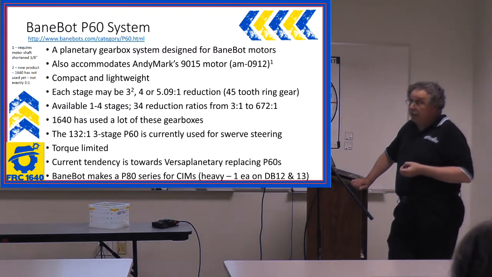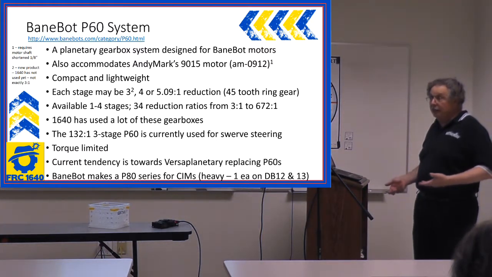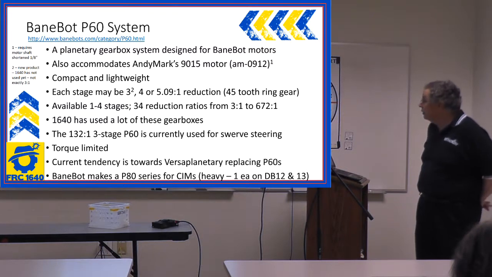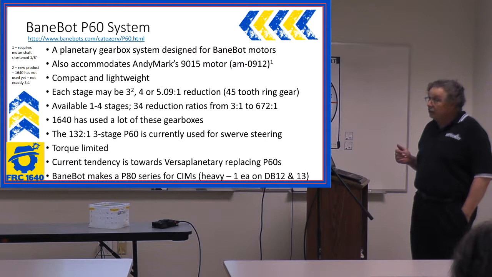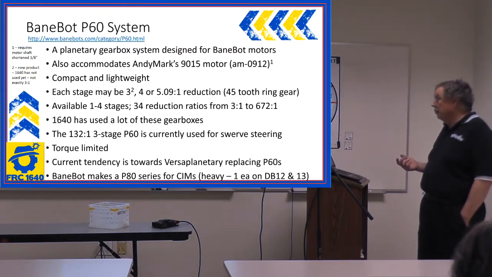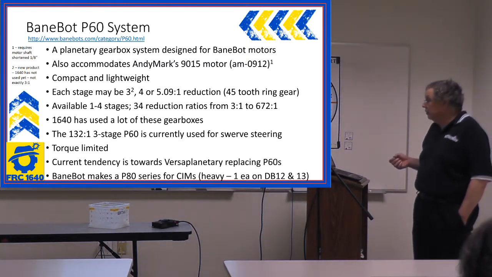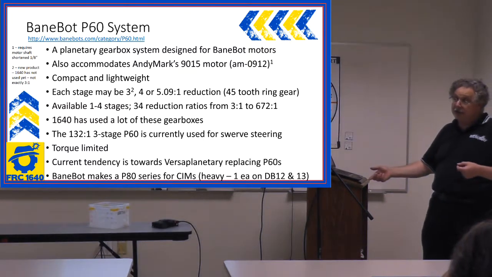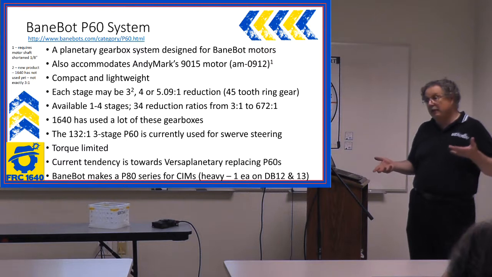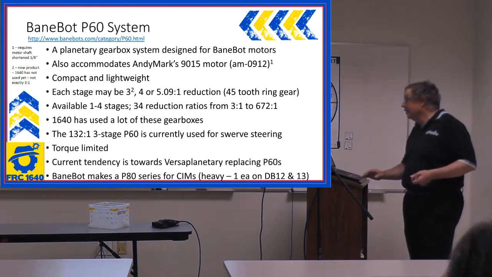We have a lot of these gearboxes. We have like boxes of them because we buy at least 8 of these every year. And the reason we buy 8 of them every year is that our swerve module uses one of these for steering. We use the 3-stage 132 to 1 reduction gearbox, and we never reuse those for the next year's swerve because they're worn, and we always put in a new one, so we have a lot.